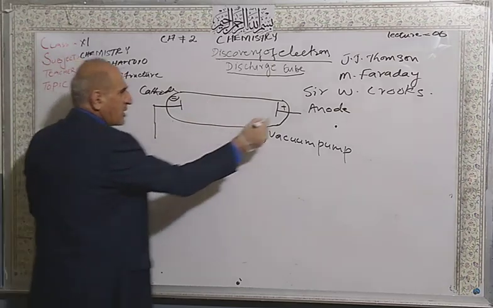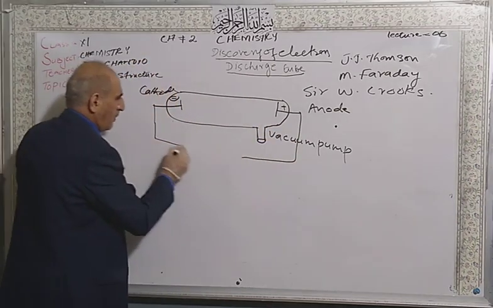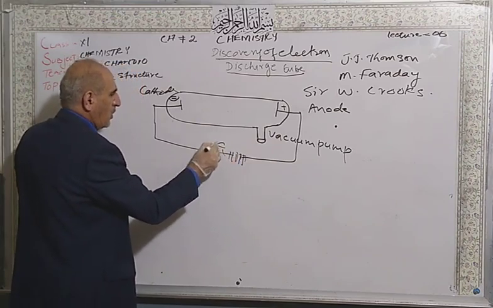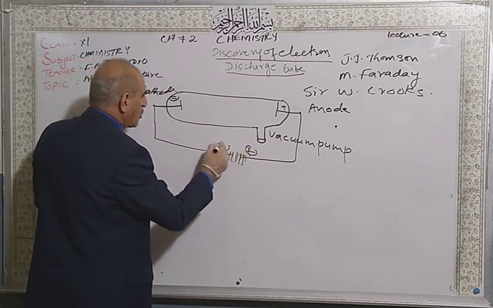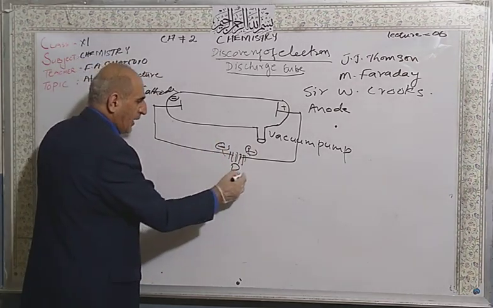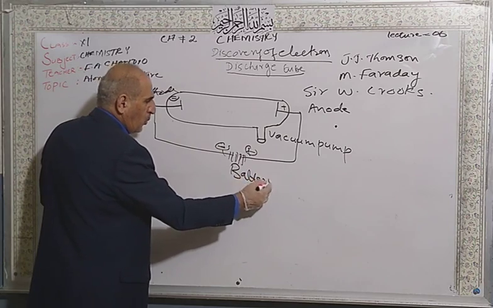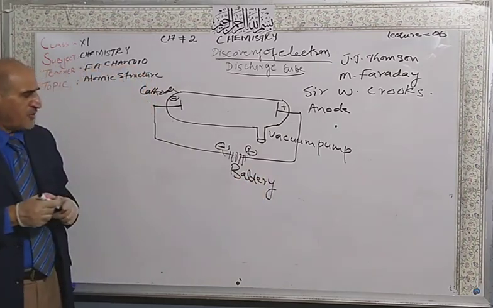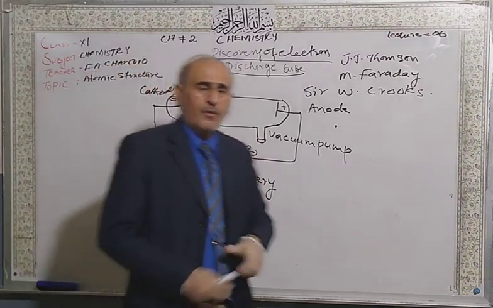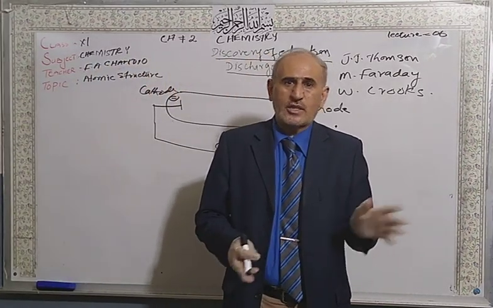These 2 ends, the cathode and anode electrodes, were connected with a very powerful battery. So here the battery is connected, and this voltage is up to 5,000 volts, dear students.